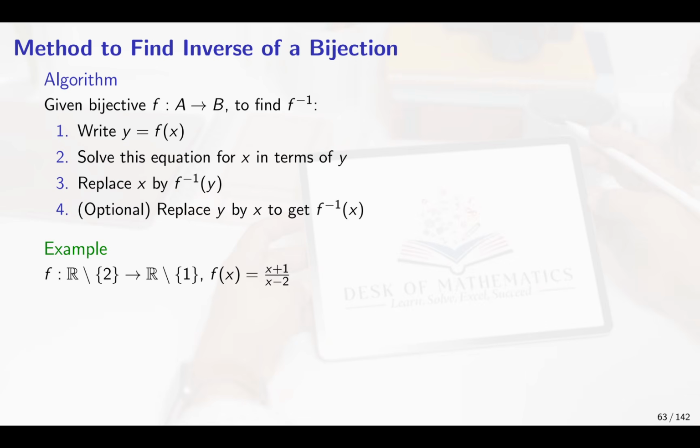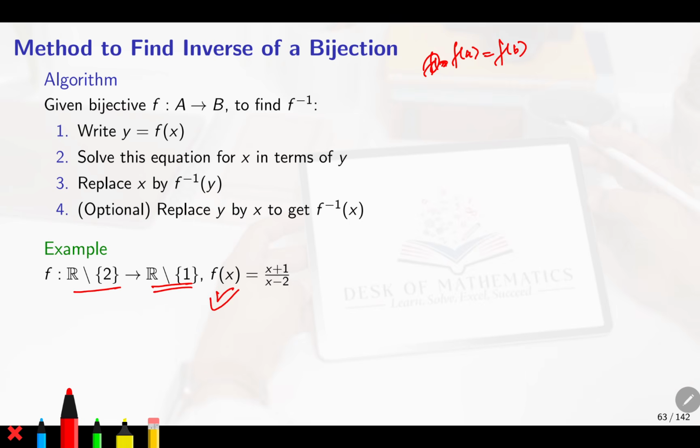For example, this one. Here the domain is R minus 2, codomain is R minus 1. You have to show whether this is invertible or not. What will you do? You take f of a is equal to f of b. You have to show a is equal to b.